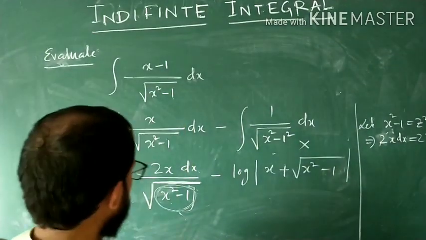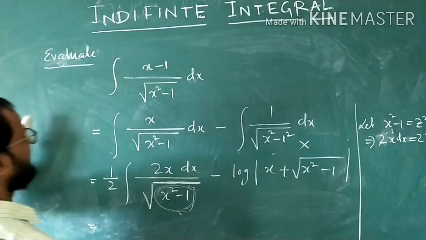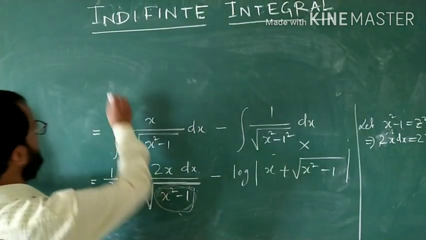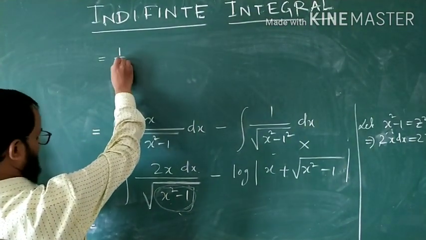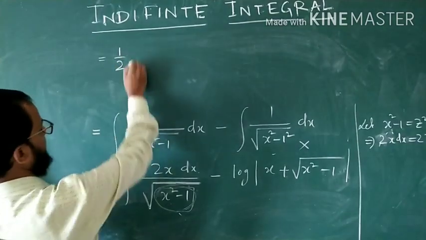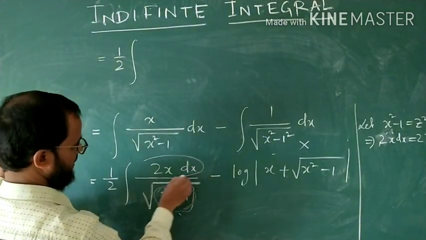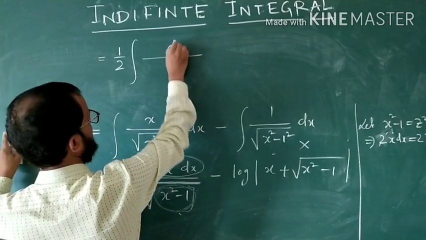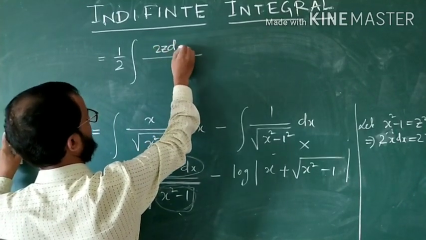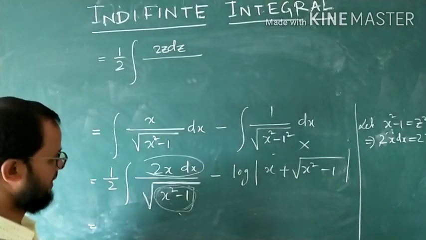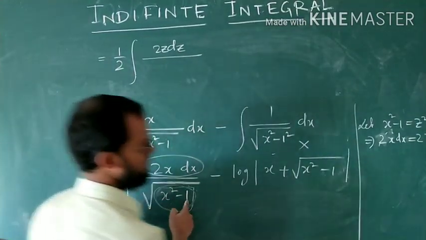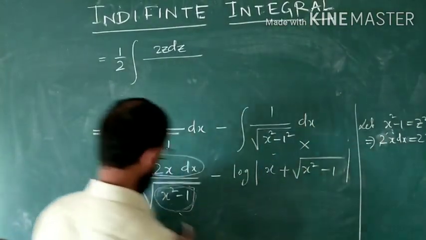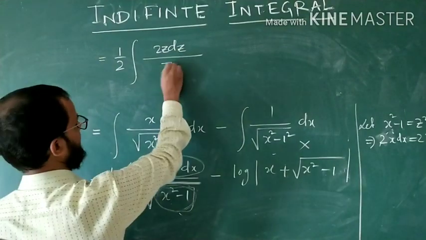ठीक है. So finally your expression becomes, your integral becomes half into integration twice x dx can be written as what? 2z dz. Okay, 2z dz, and x square minus 1 can be written as what? z square, and root over z square becomes what? z.